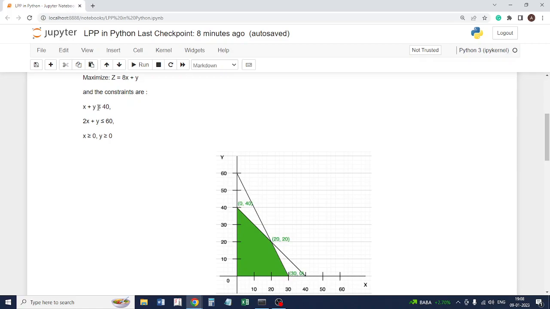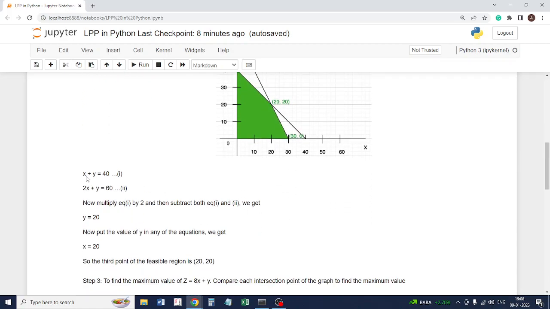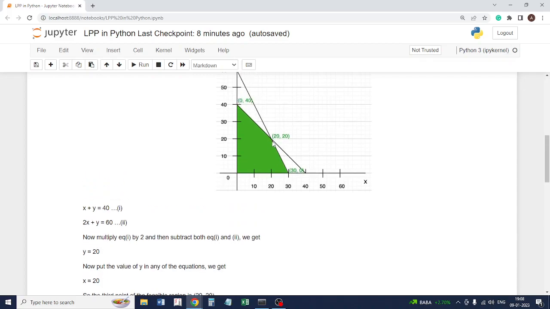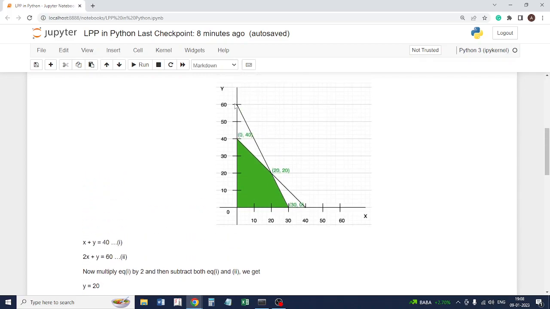If you replace the less than or equal to by the equal sign, x plus y equal to 40 and 2x plus y equal to 60, and you solve them, you will get the point 20, 20. So this is the region, the feasible region, the green part. If you draw the lines, these are your boundaries.